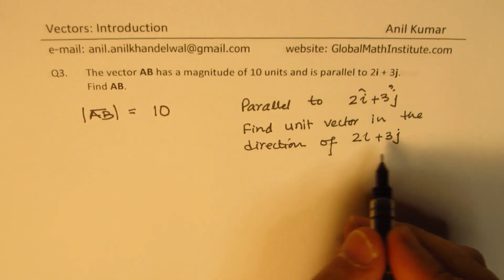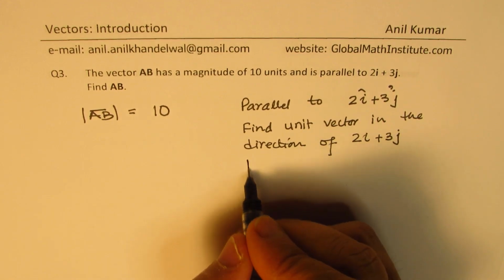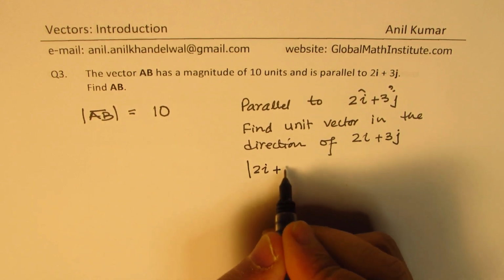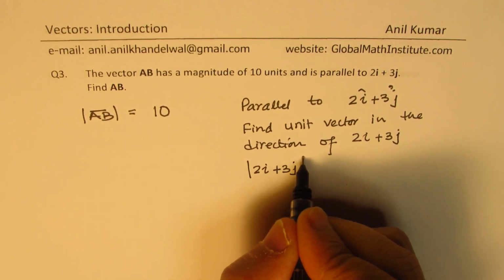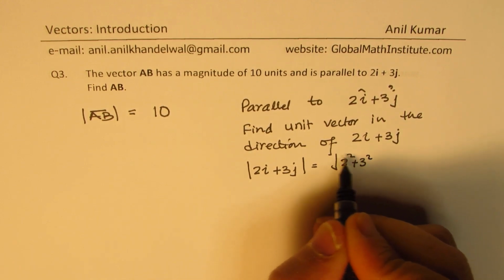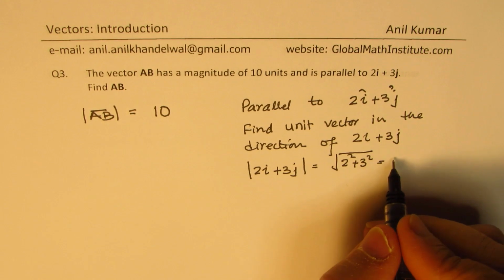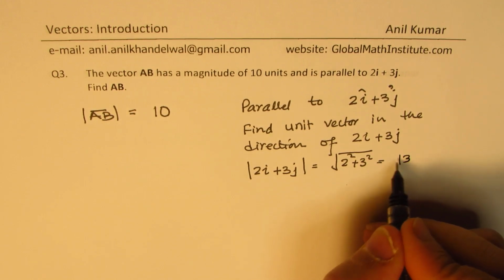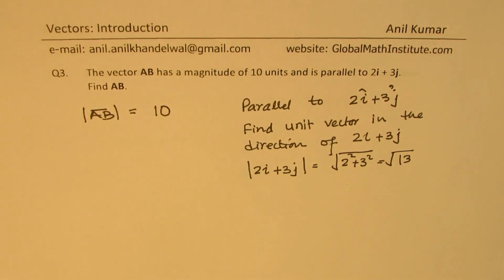So first thing is to find its magnitude. The magnitude of 2i plus 3j is equal to the square root of 2 squared plus 3 squared, which is the square root of 4 plus 9, or the square root of 13. Perfect.